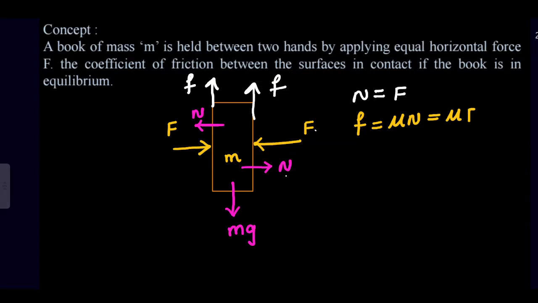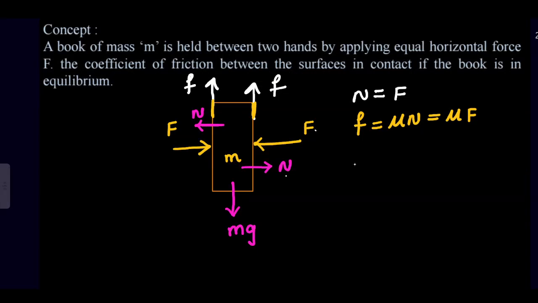Now the body is in equilibrium, so it should not move up or down. That means the upward force has to balance the downward force. How much is the upward force? Here there is friction, and here also contact, so equal friction.